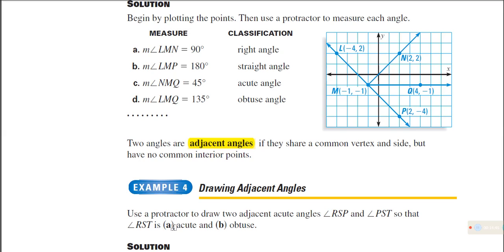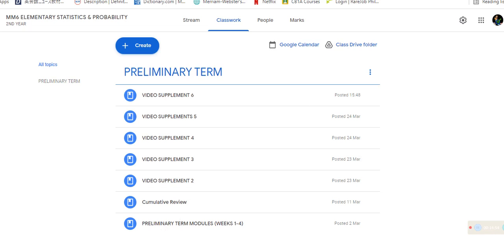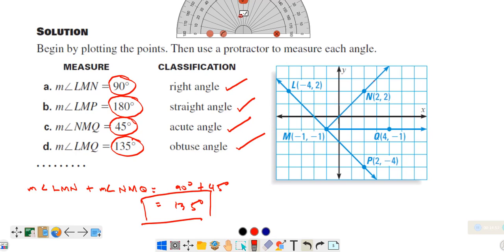Okay, adjacent angles share a common vertex and a side. So, meron tayong angle L, M, N. At saka N, M, Q.